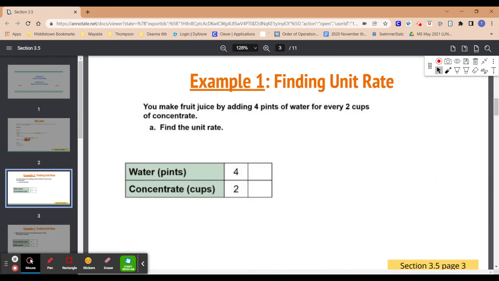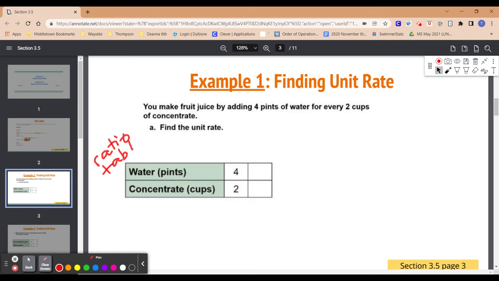All right, so let's go back to example 1 now and let's read the problem together. This is for problem A. There's actually 2 problems for example 1. You make fruit juice by adding 4 pints of water for every 2 cups of concentrate. Find the unit rate. So here they already give you the ratio table.